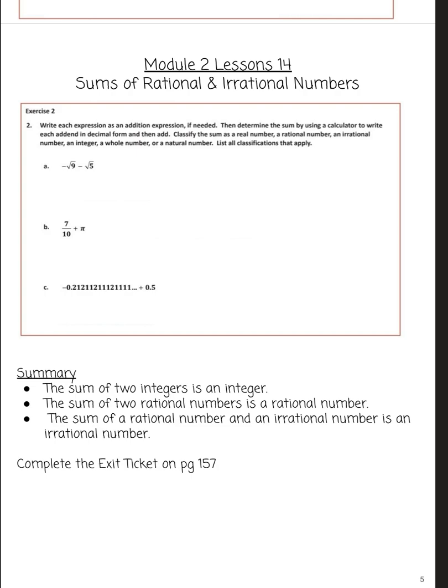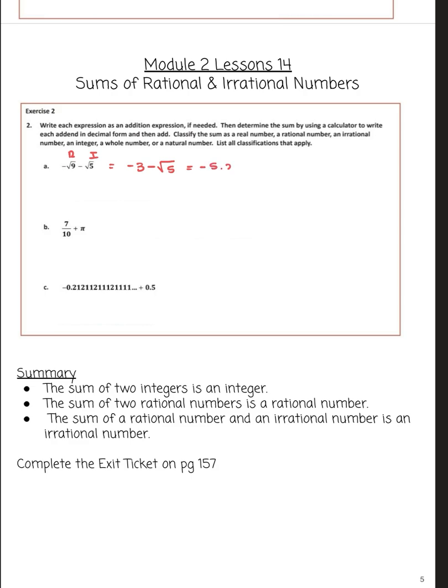From previous experience working with squares, we know the negative square root of 9 is going to be rational, and the square root of 5 is irrational. The square root of 9 is 3, so we have negative 3 minus the square root of 5, and if we put the square root of 5 in the calculator, we know from previous experience that it is irrational.